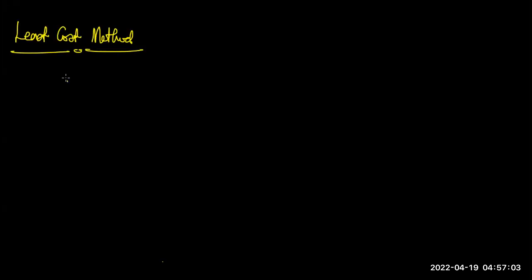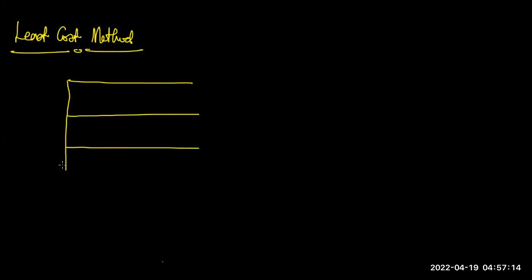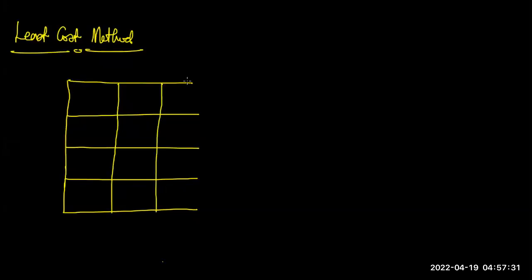So the least cost method is also as simple as the other. So we have 2, 1, 2, 3, 4, 1. My lines, I don't know why today my lines are not straight.